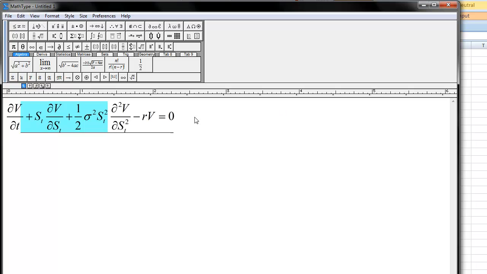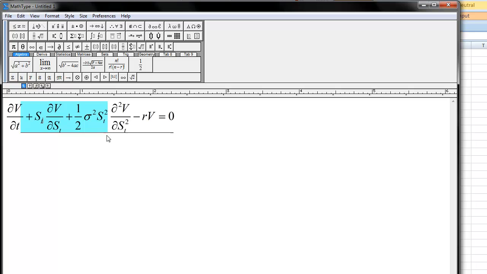Well, what I'm trying to tell you is that we have this partial differential equation which puts the value of the option and its variables into a unique relation. You can also see that nowhere does the variable K, the strike price, appear.